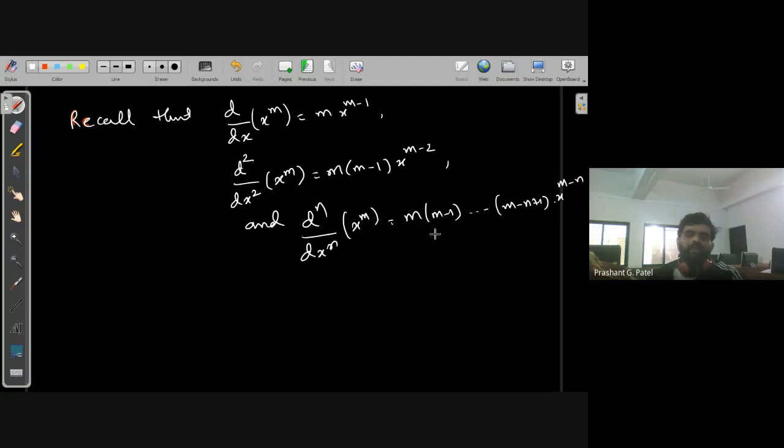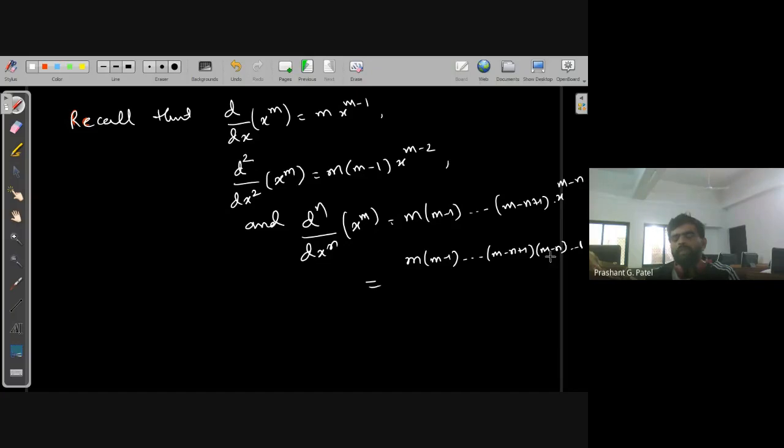This quantity I can rewrite as m into m minus 1 up to so on m minus n plus 1 into m minus n up to 1.